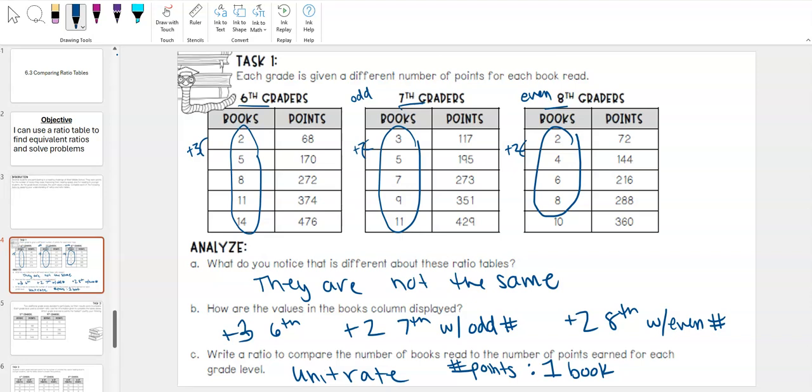You should remember that unit rate means divide, so we are going to divide 68 by 2, 117 by 3, and 72 by 2.